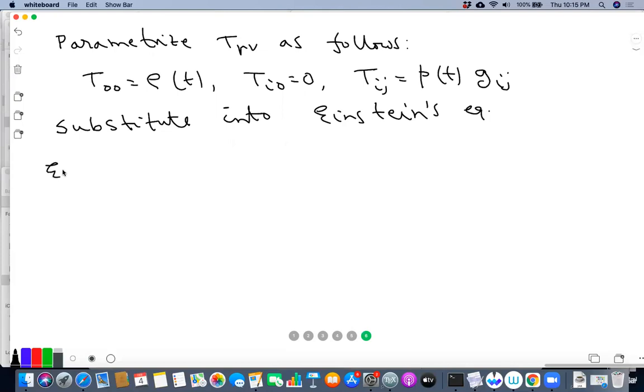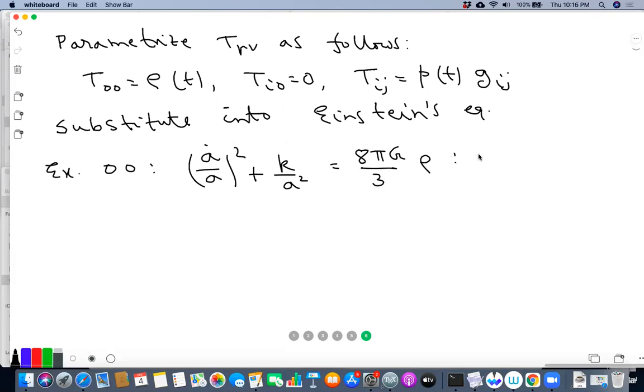I'll leave it as an exercise again. It's a simple exercise given the Ricci tensor components that I have already written down. The 0,0 component gives you (ȧ/a)² + K/a² = 8πG/3 ρ. This equation is what is known as the Friedmann equation.